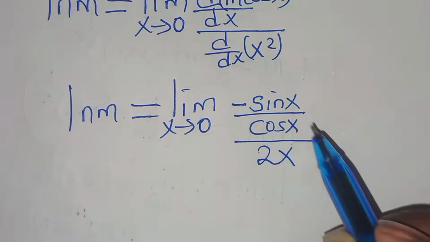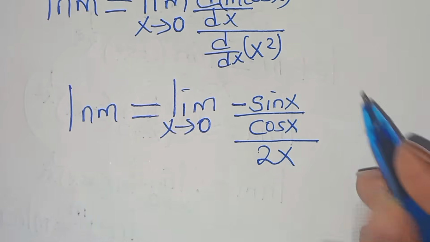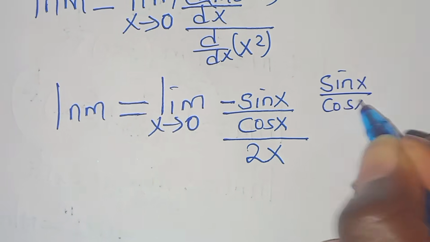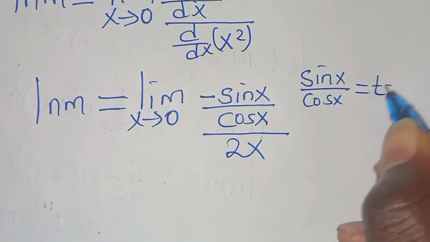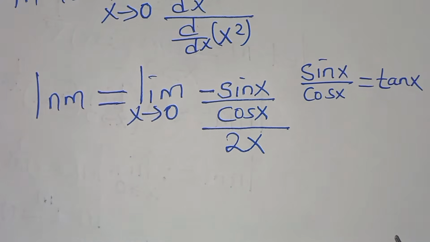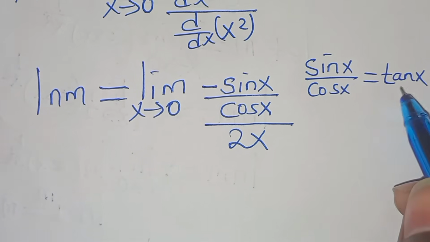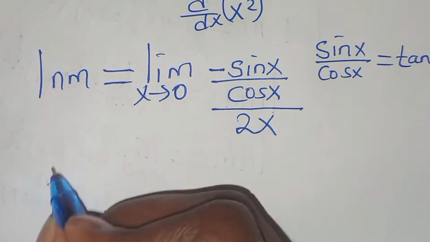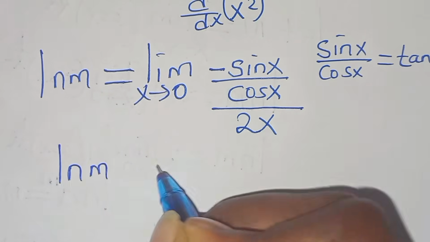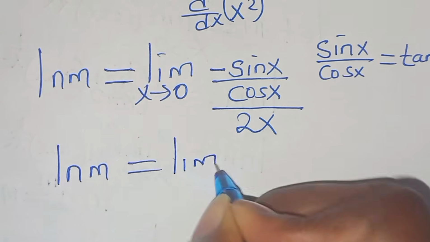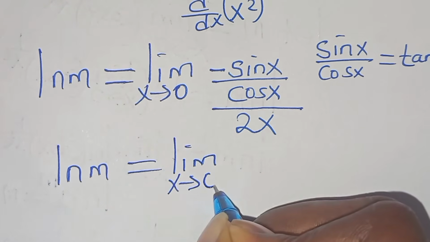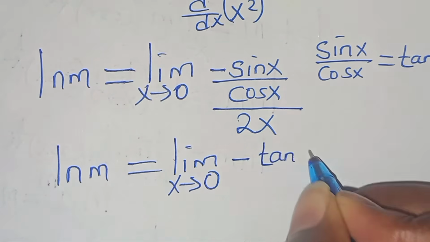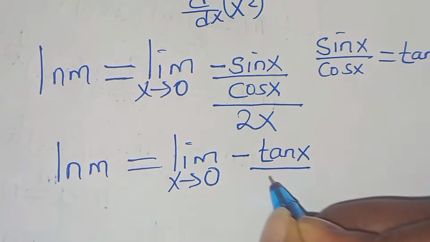And you find that sin x over cos x is the same thing as tan x. So therefore, ln of m is equal to the limit as x tends to 0 of minus tan x divided by 2x.